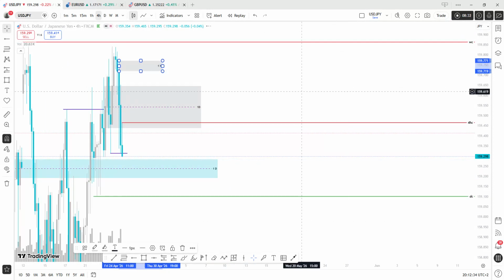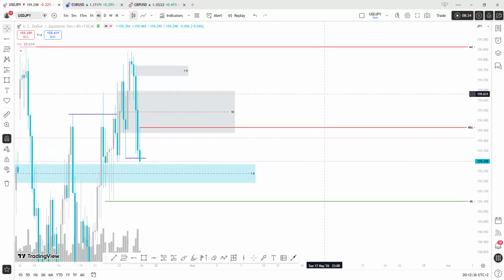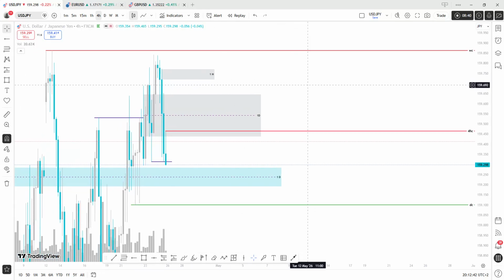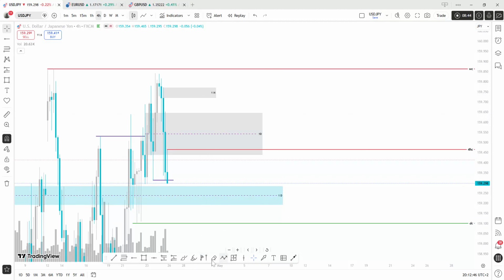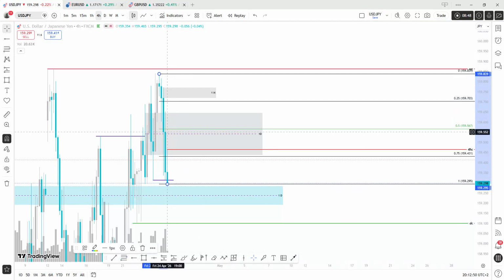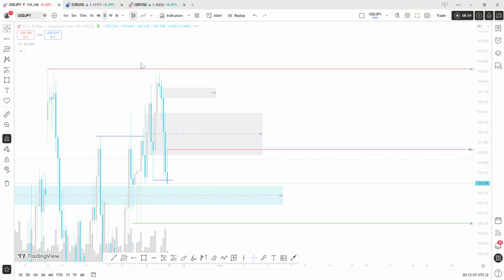So, well, it's making sense from a 4 hour perspective also. Well, not really. But from a Fibonacci perspective it's making a little bit of sense.